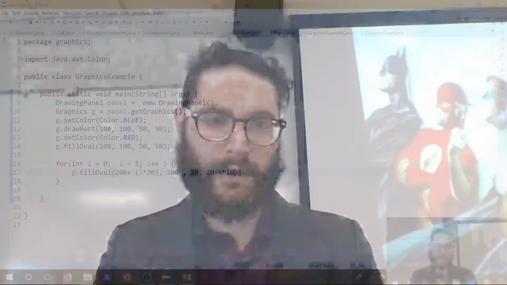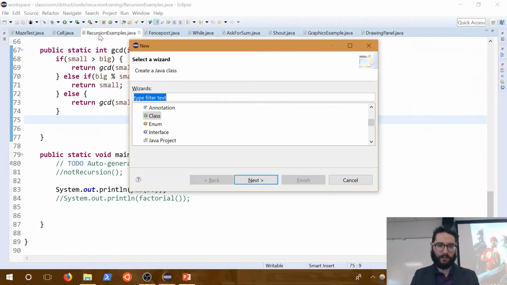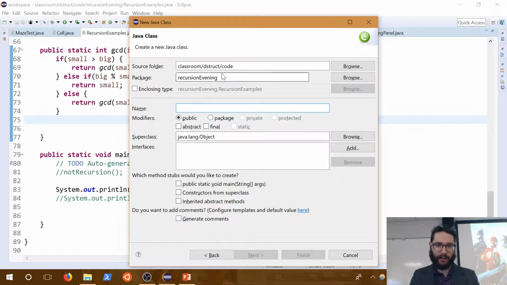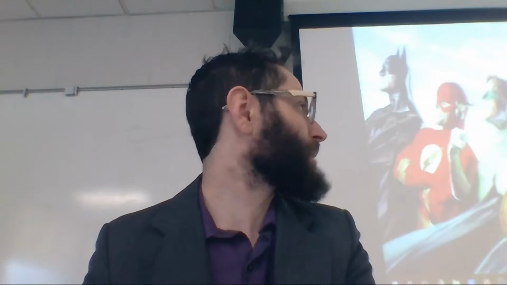Let's look at Kaufman, Chapter 5 PowerPoints. And then we're going to go ahead and create the class in the Recursion package.